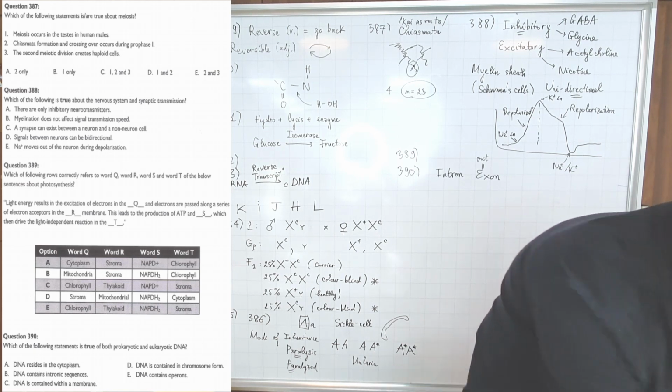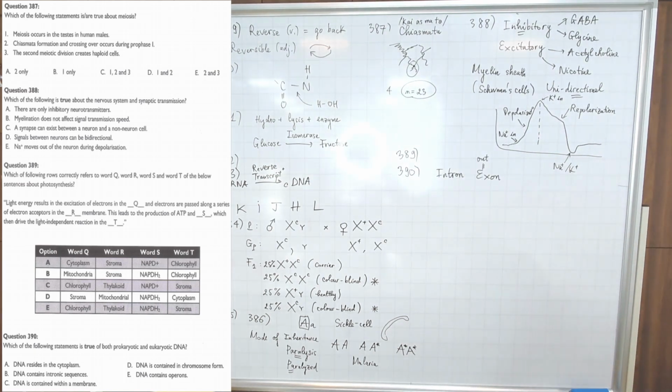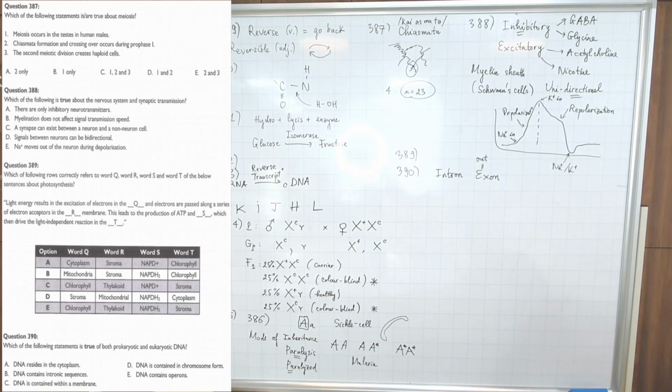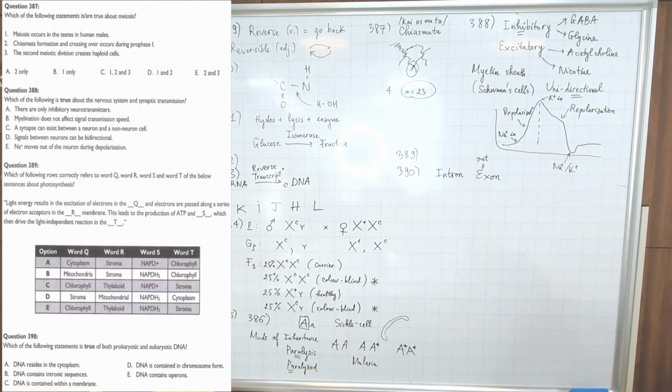Nó nói là cái DNA của con nhân chuẩn thì nó được chứa trong một cái màng, trong khi cái DNA của con nhân sơ nó không có chứa đoạn intron. What? But does contain operon and resides in the cytoplasm. Nhưng mà cái DNA của con nhân sơ thì nó có chứa operon luôn và nó sống trong cytoplasm.